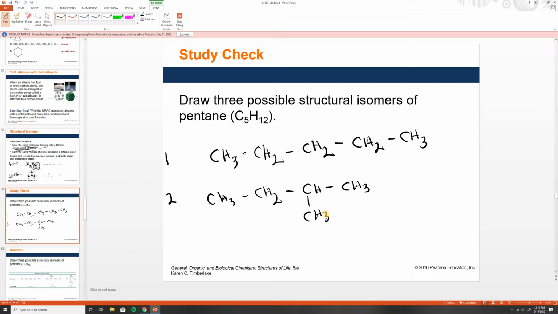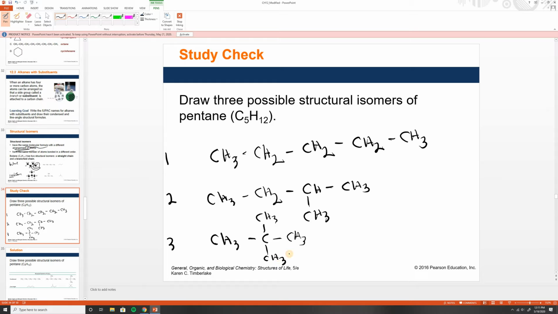Then, what if I did it again? So what if I took the carbon from this end and replaced it in the middle? You can have isopentane. I think that's what we refer to as CH3, C, CH3, CH3, CH3.